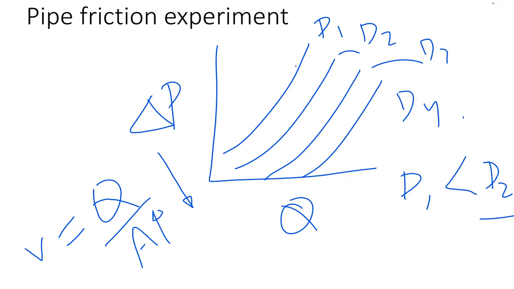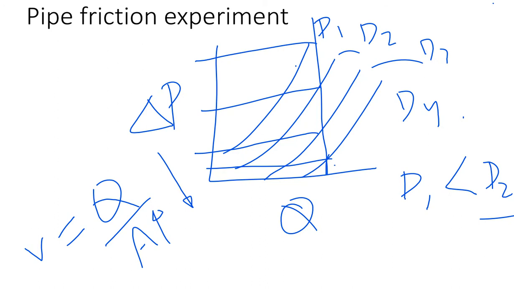So now we want to establish a relation between delta P and diameter. We want to quantify: if we change the diameter, how much will the pressure drop be less or more? For this, at a fixed flow rate, get all these values, delta P1, delta P2, delta P3, delta P4, or just as you did in HYSYS, change the diameter and get P1 minus P2.